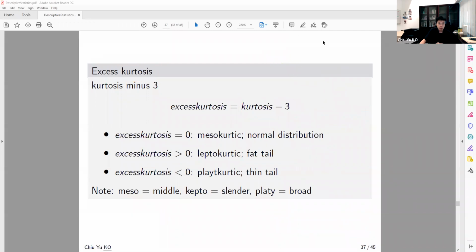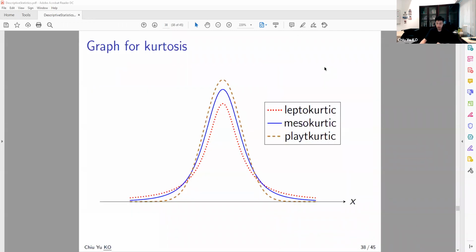So let's see the graph, okay? And actually someone asked me by email why the peak is different. Because in the textbook, you will see they draw it the other way around, where the red is much higher. So if you see a textbook, they will draw it in this way. Let me draw it.